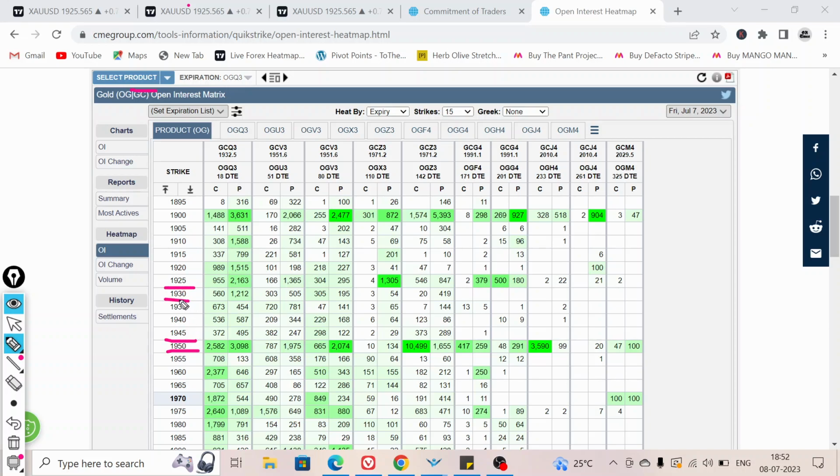We already saw that. So if gold is able to break above this, then we can target 1950.